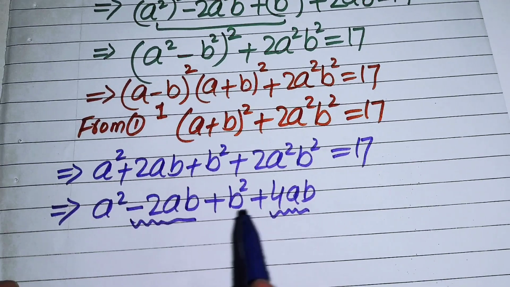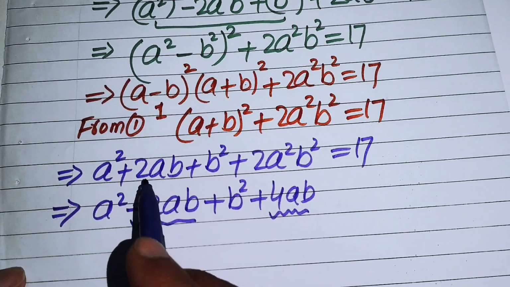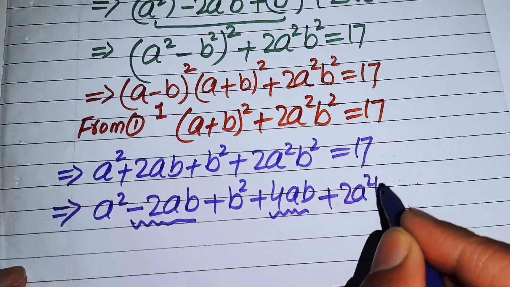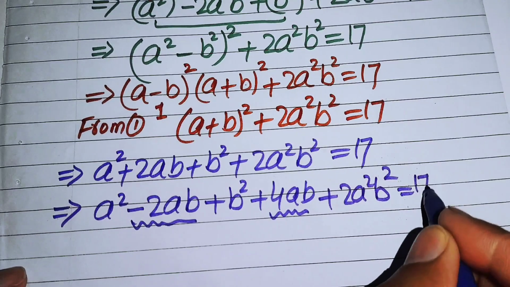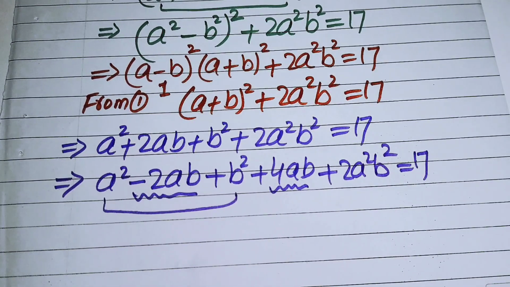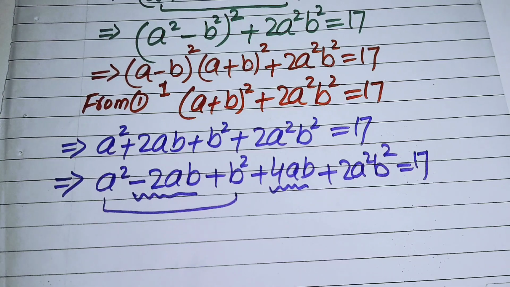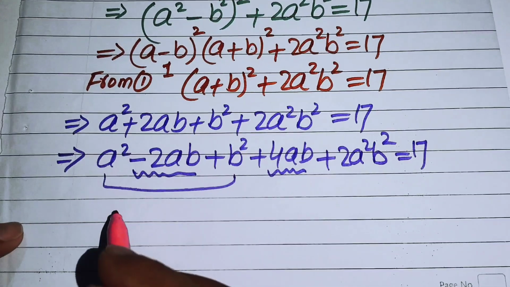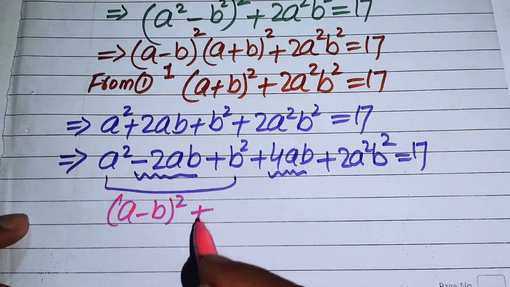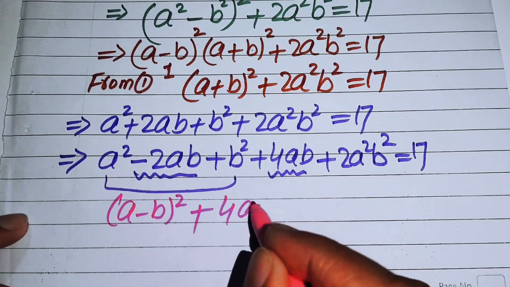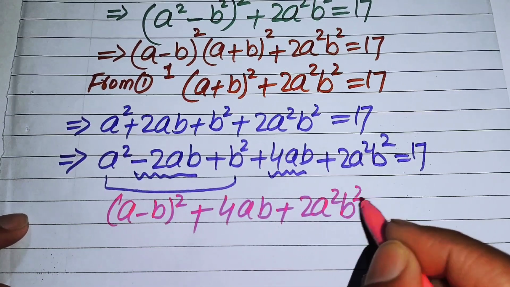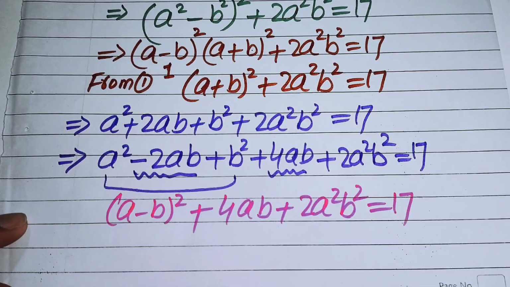So when you subtract 4 minus 2, you will get 2ab. And here you have 2a^2 b^2 equals 17. And now you focus on this expression, and we will combine these terms, and it equals (a - b)^2 plus 4ab plus 2a^2 b^2 equals 17.